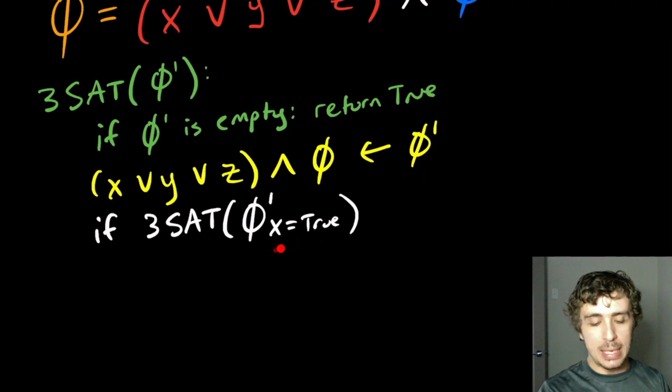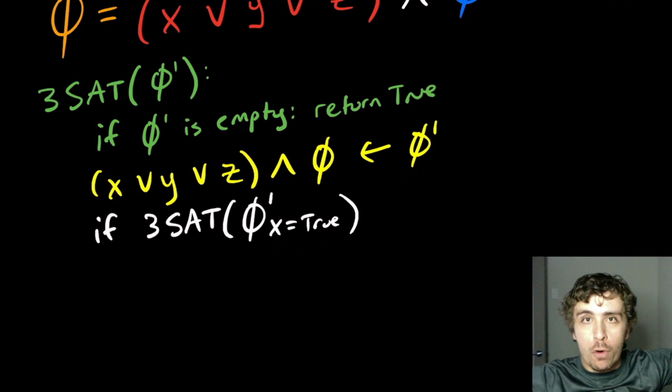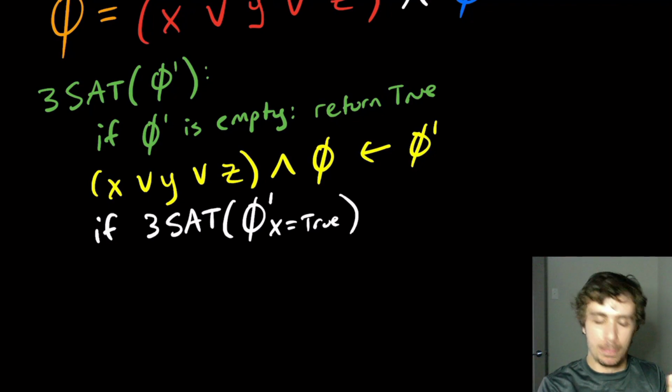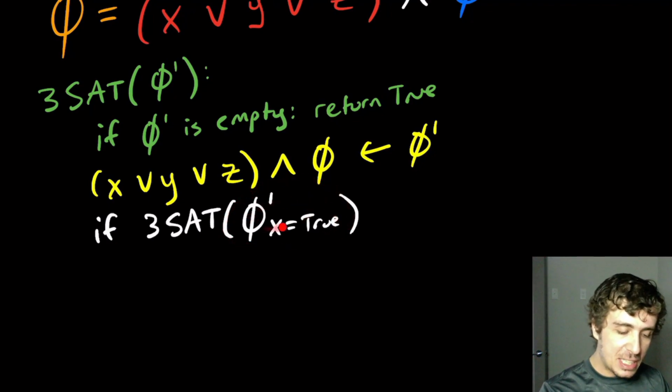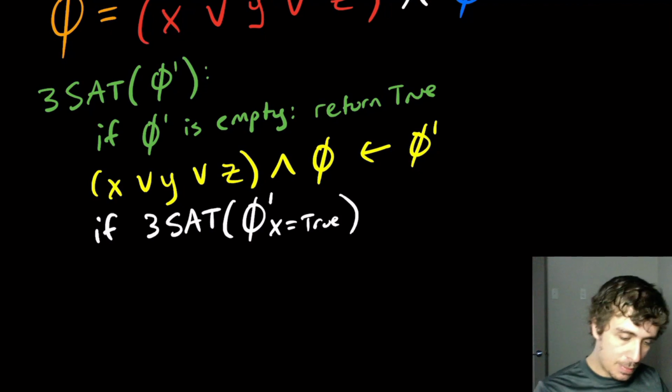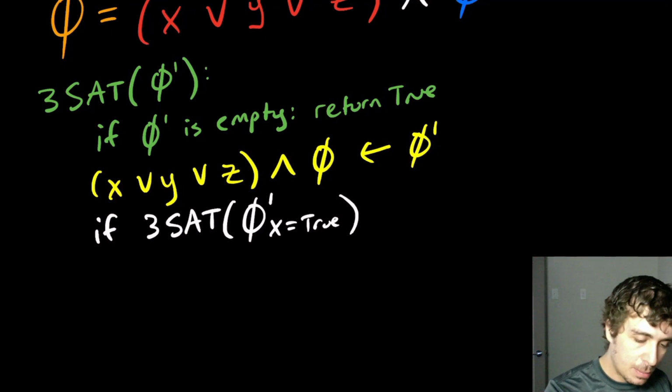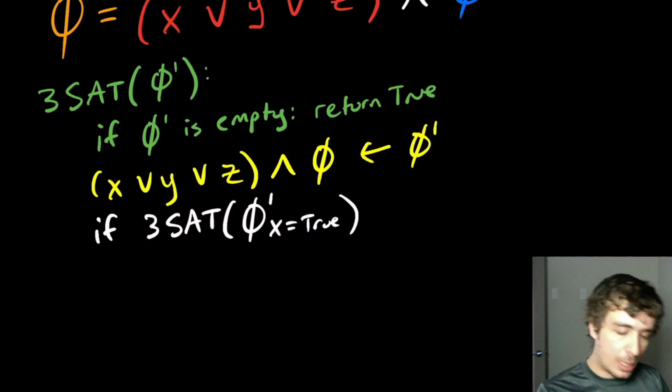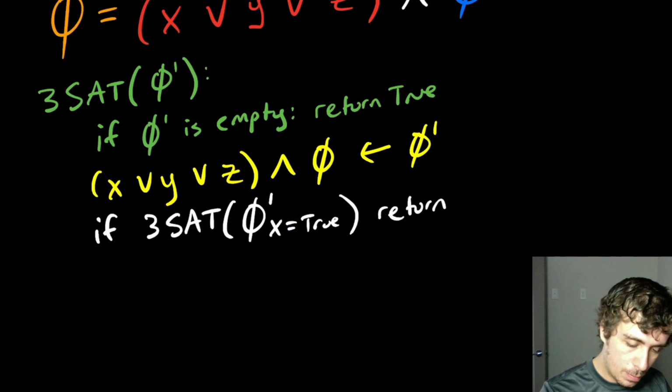And this notation is saying throughout the whole formula, set x to be true. So if this thing is true, then that means there is a satisfying assignment where x is true and then some other stuff, false and true depending, then we can return true here. So let's return true.